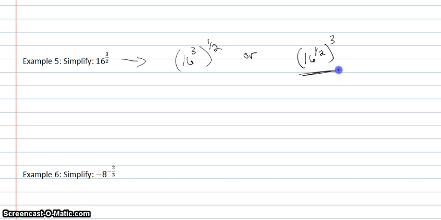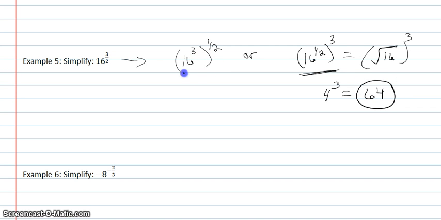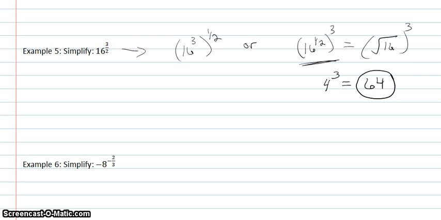Now this second way makes it much easier to do without a calculator, because when I take a number to the 1/2 power, that is the same as taking the square root of that number, and the square root of 16 is 4, and then I would cube the 4 to get 64, and then that would be how it simplifies. You would get the same answer here, but cubing the 16 is a pretty big number.